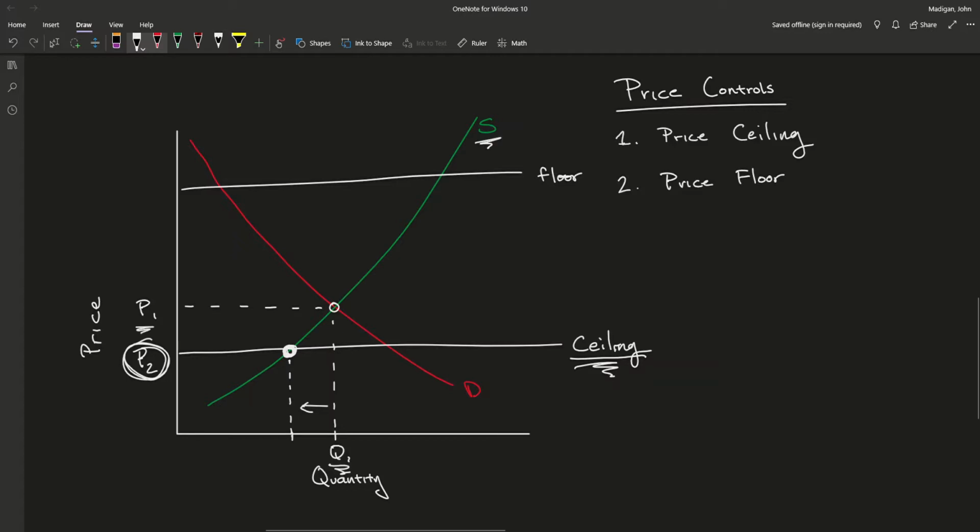There's going to be no incentive, meaning there's going to be no reason for them to want to sell more Advil because it is only selling at P2 instead of P1. So they're making less money because of this law, and because of that, they're going to want to sell less product because it's not profitable for them.